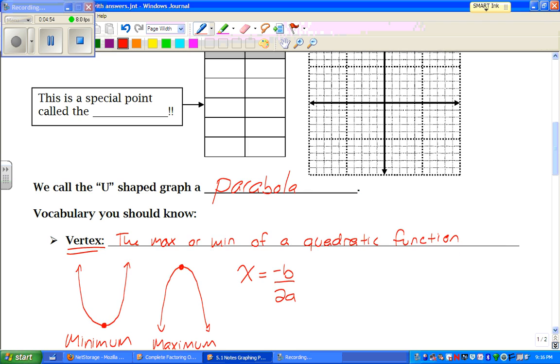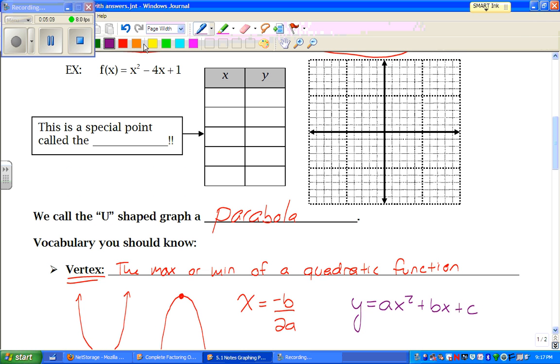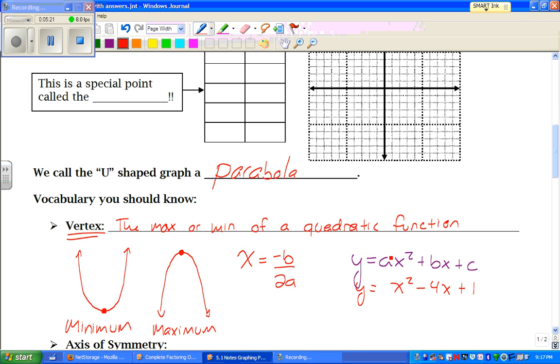Now how in the world do we actually use this? Standard form for a quadratic function is y equals ax squared plus bx plus c. The equation they gave us, I'm going to write it right underneath, is y equals x squared minus 4x plus 1. The a value is right next to the x squared.